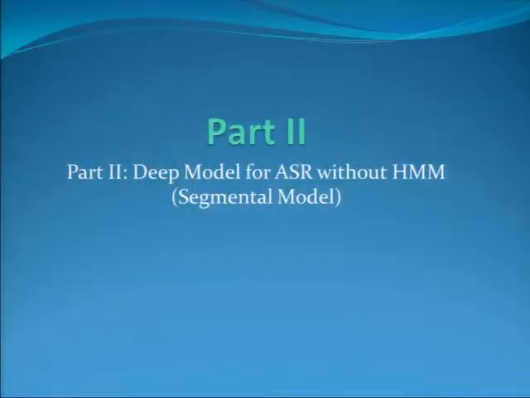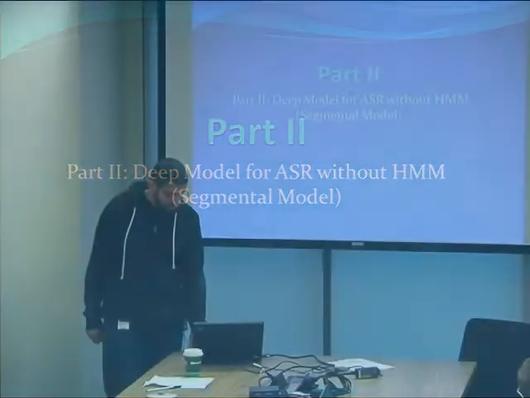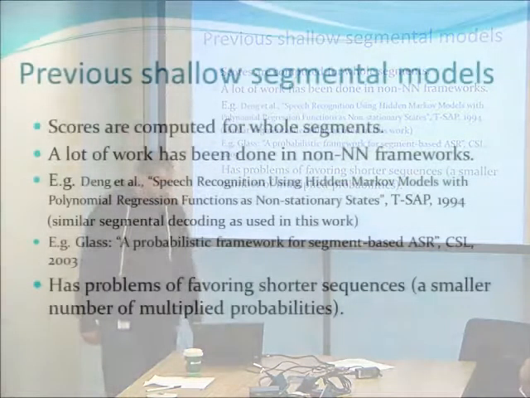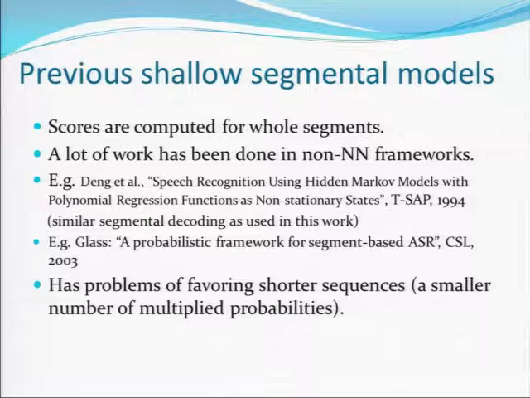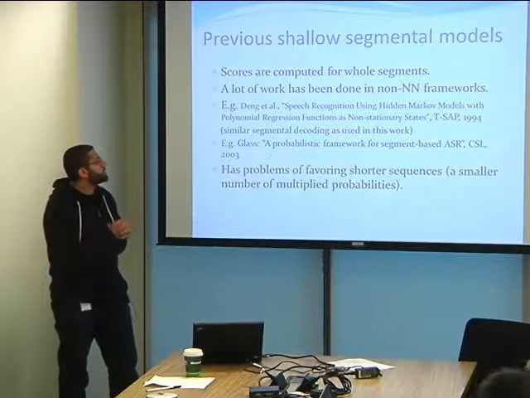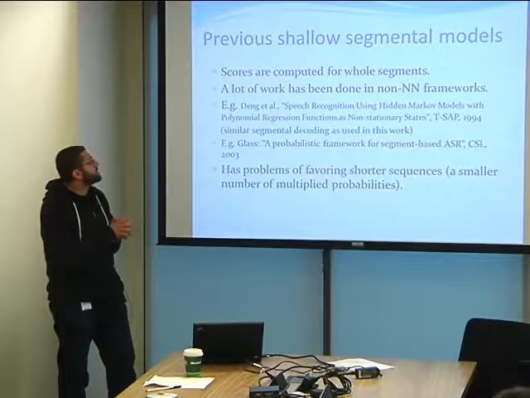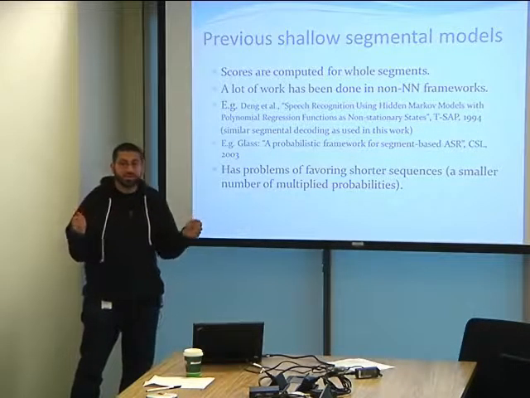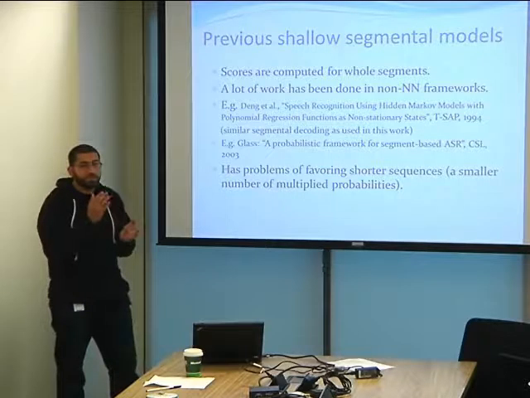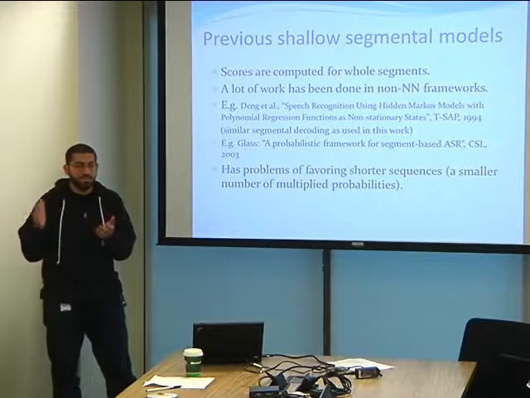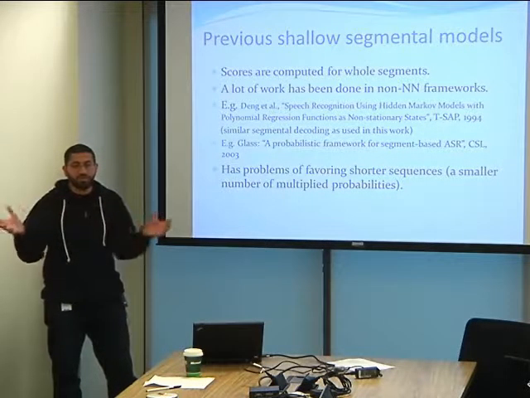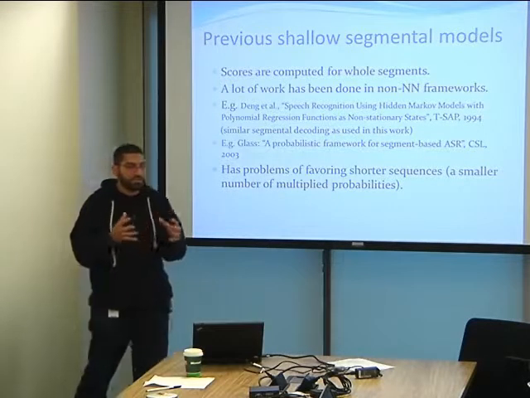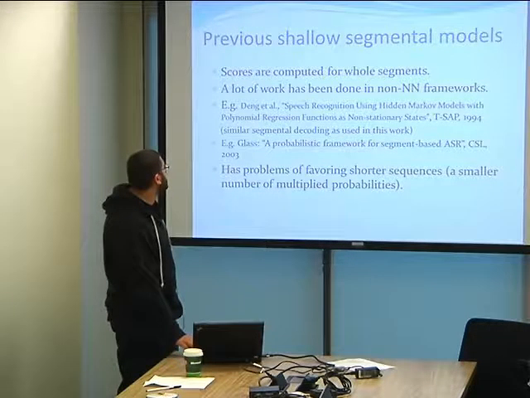So now we come to the second part, the segmental model. Just an overview of segmental models. In segmental models, scores are computed for the whole segment instead of frame-based, where I have a score for each frame, then I sum or multiply for the whole utterance.